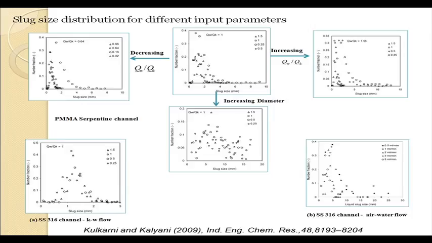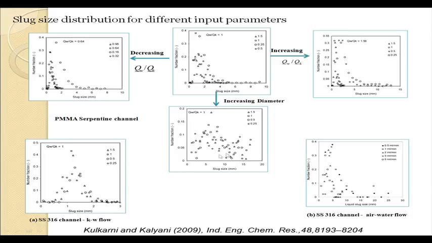This shows that the effective interfacial area available for mass transfer increases for the stainless steel as compared to the PMMA channel. Just by manipulating the wettability, we can actually change the interfacial area available for different mass transport processes.